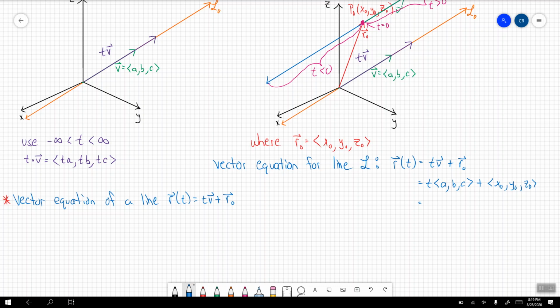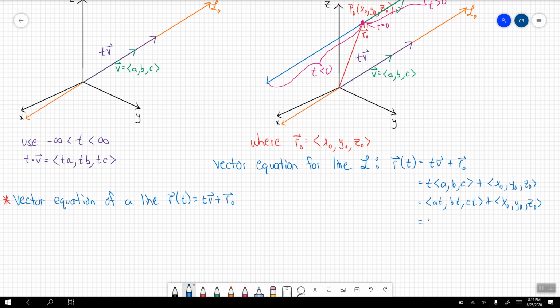That's awesome. Now let's distribute my scalar: a times t, b times t, c times t, and then I still have plus the other vector, which was r naught.